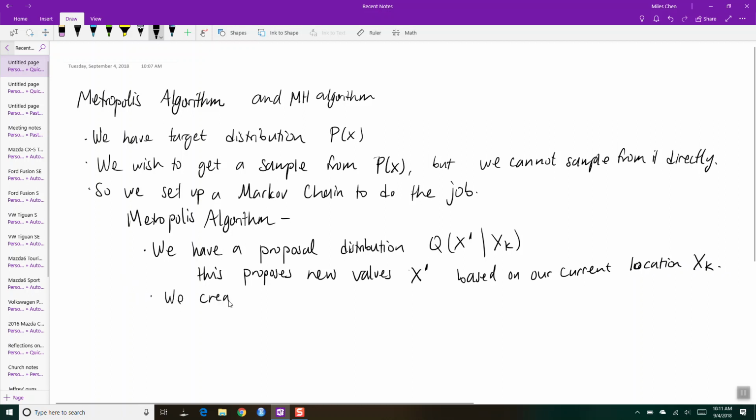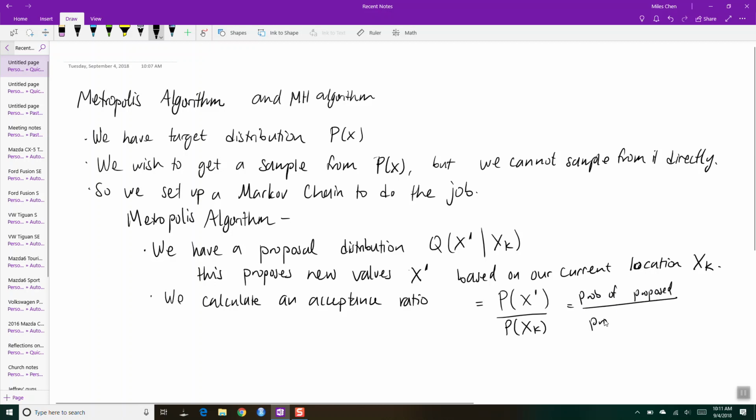And then we calculate an acceptance ratio, which is going to be probability of x proposed divided by probability of x current, right? So this is probability of proposed divided by probability of current under the target PDF, okay?